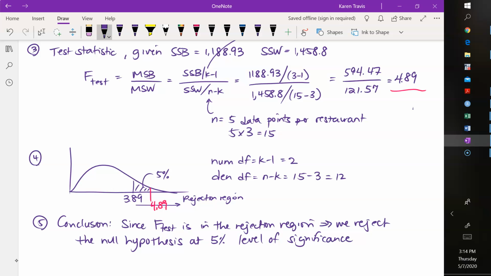Which also means we have shown at least one of the restaurants has different average tips.